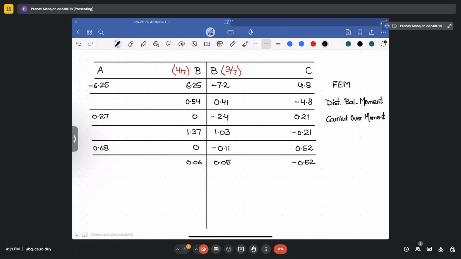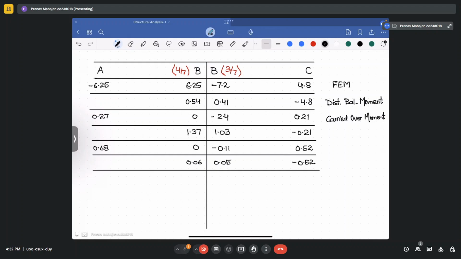Okay. So by this, since the values are now very less, we will end this problem. And remember, whenever you are ending any problem, end them on distributed balance moment, not on carried over moment. Otherwise, it will not satisfy your problem.